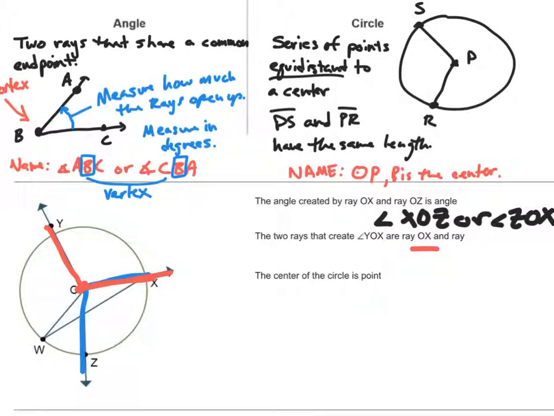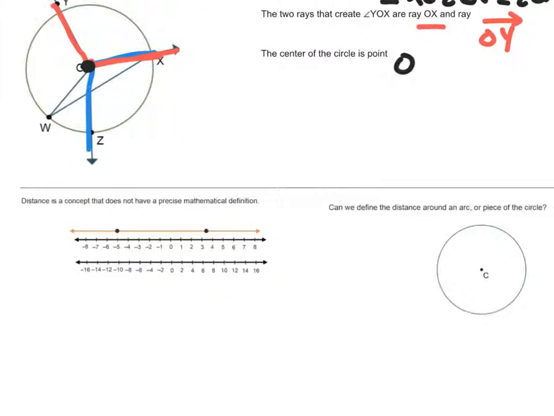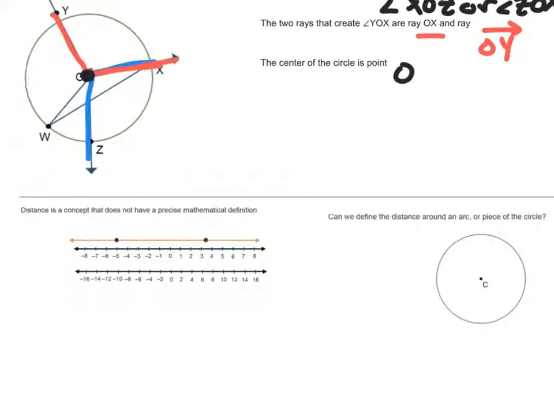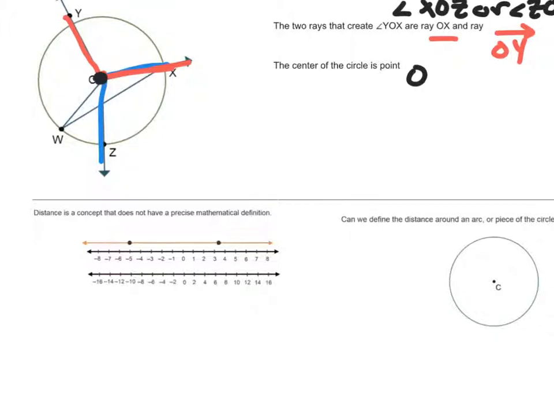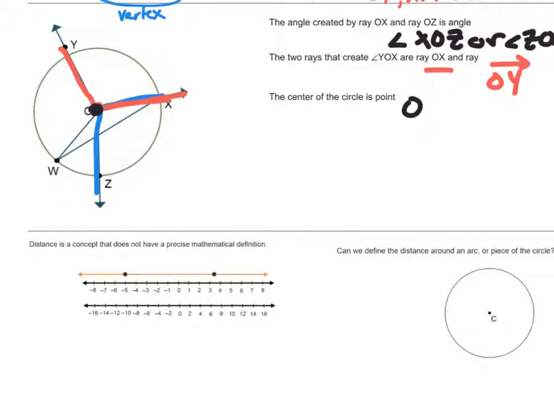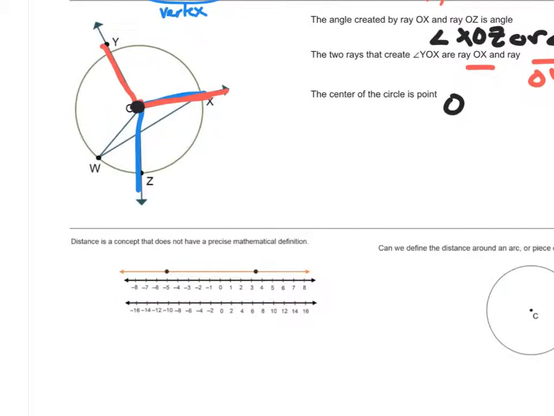But you also have ray OY, which would be the other one, because that one goes from here over. And then the center of the circle is point O. That's my center. So your ability to identify points, lines, planes, rays, parallel lines, angles, all that stuff.